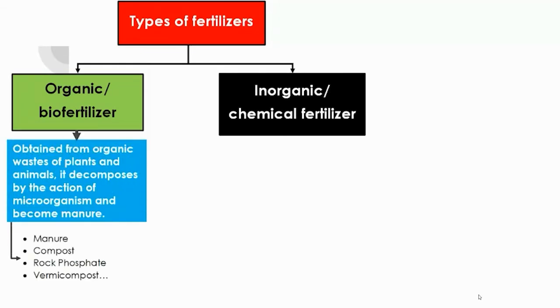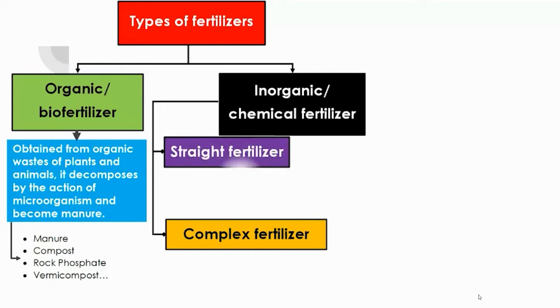Biofertilizer is obtained from organic waste of plants and animals. It decomposes by the action of microorganisms and becomes manure. Its sources include manure, compost, rock phosphate, and vermicompost.